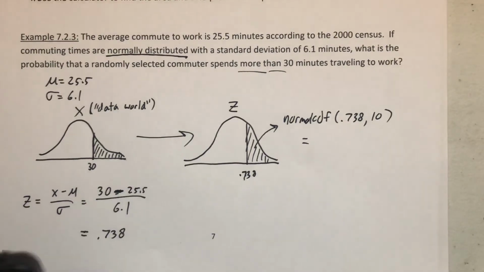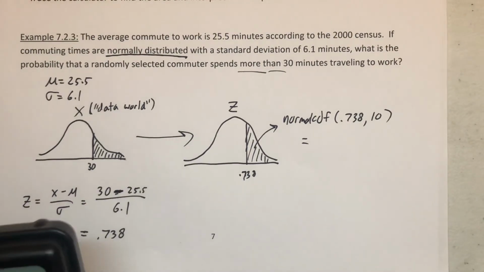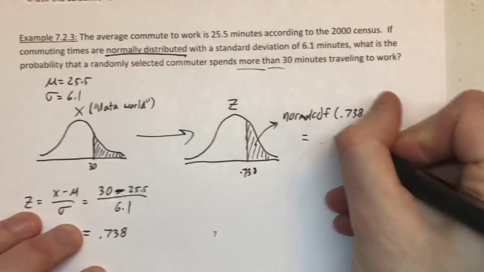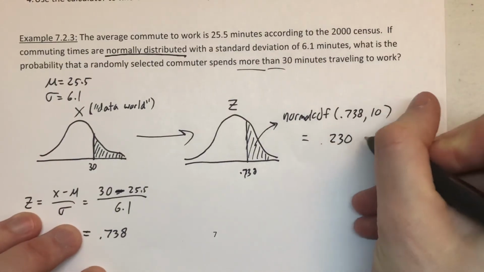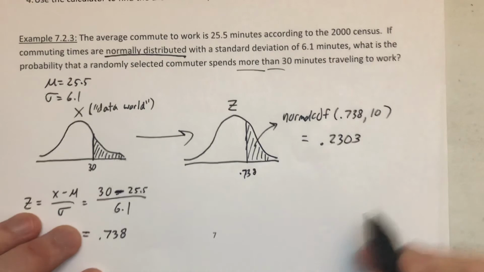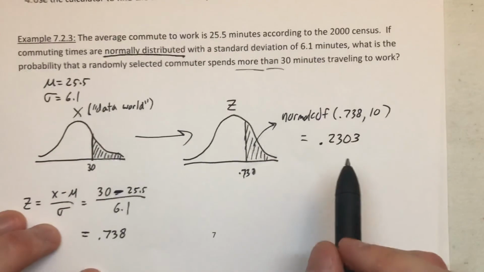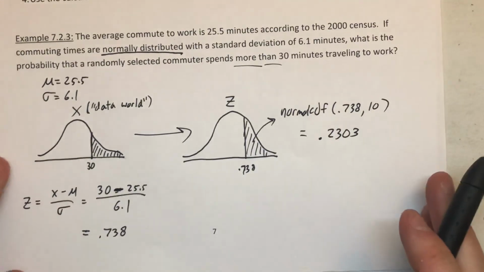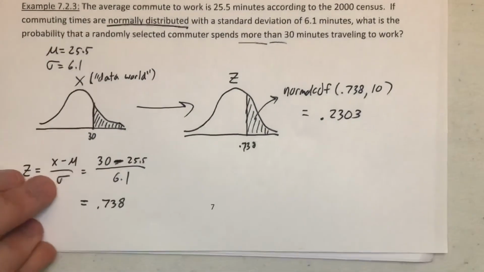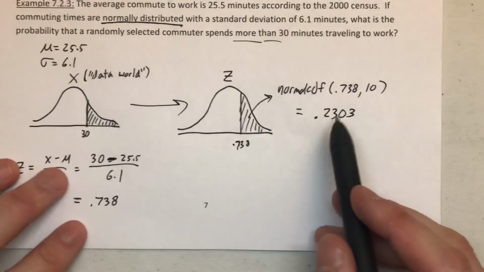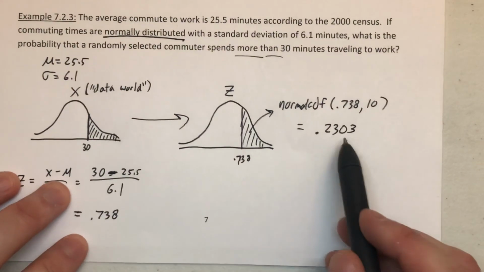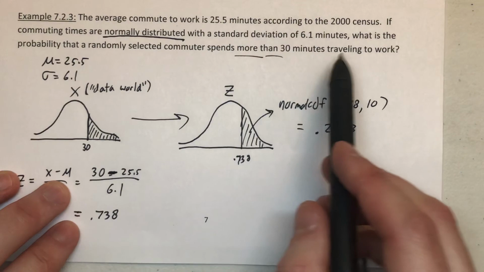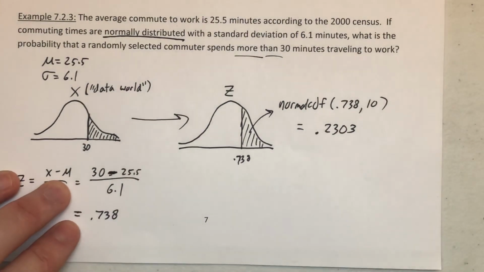Normal CDF of 0.738, comma 10, giving me 0.2303 when rounded, because that is the probability. The area under the curve that comes out of normal CDF is the probability. And that answers the question: 0.2303 is the probability a randomly selected commuter spends more than 30 minutes traveling to work.